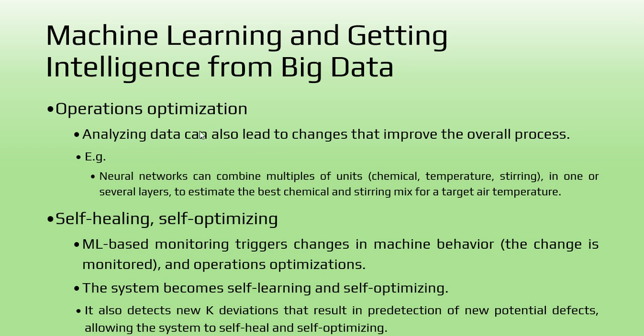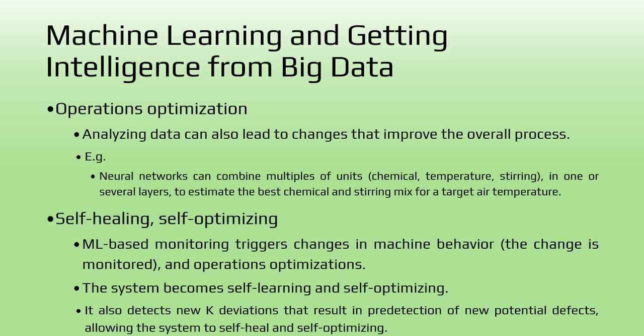Operations optimization means taking corrective actions. Analyzing the data can lead to changes that improve the overall process. Optimizing the operations means we are making control on the operations: we analyze the data and take smart decisions, so that if another IoT module depends on the first IoT module, it is handled well.